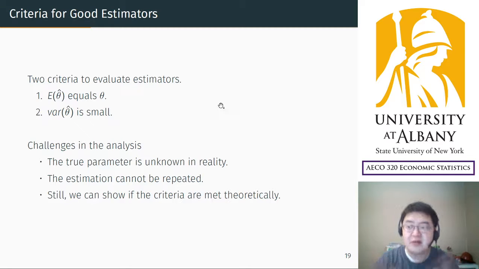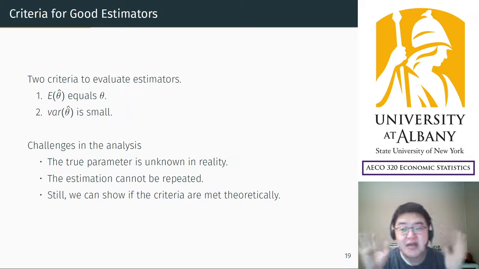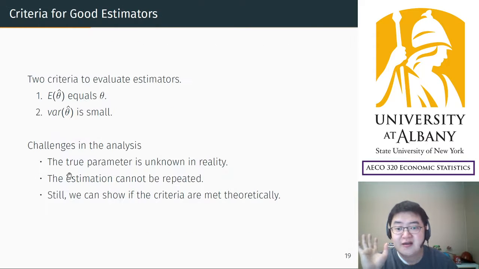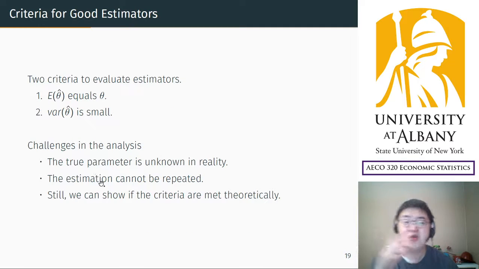The problem here is, when I explain this, it sounds too easy and obvious, but it's actually not that easy, because think about it. We are just imagining that the sampling distribution is observed, and we imagine the true parameter is here. But actually, the true parameter is unknown. When you estimate something, you are estimating because the true parameter is unknown.